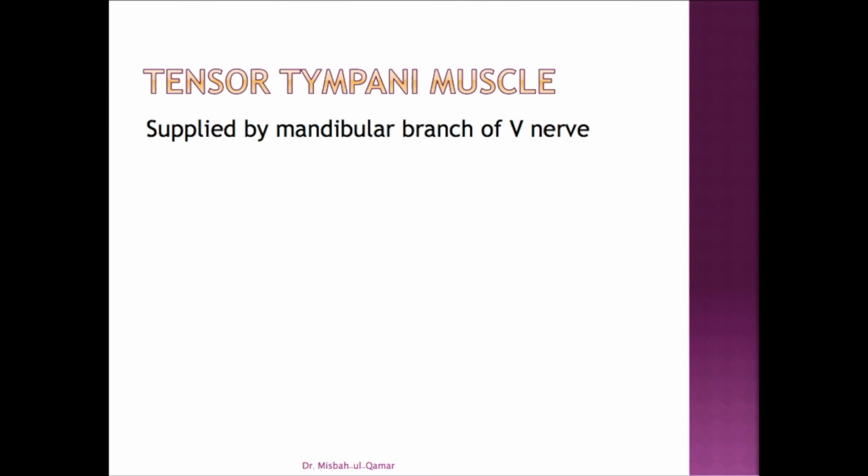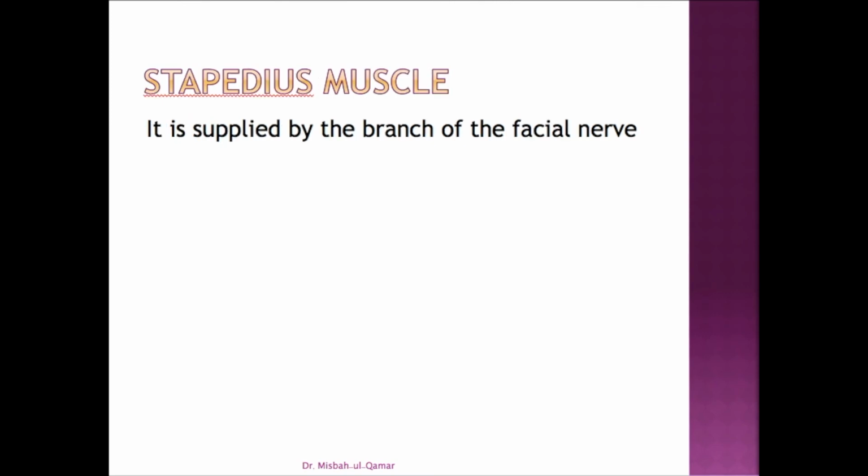Well, the next muscle is the stapedius muscle. The stapedius is the smallest skeletal muscle in the body, and it is supplied by a branch of the facial nerve. And as the name suggests, it attaches with the stapes, and its contraction is a reflex contraction.